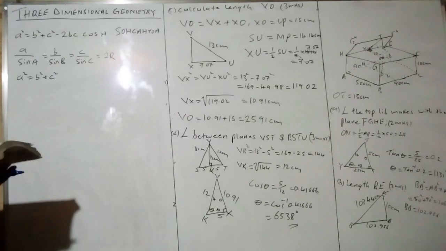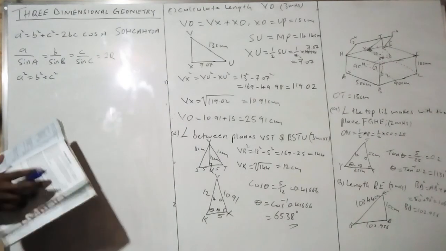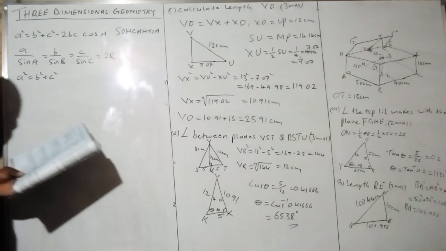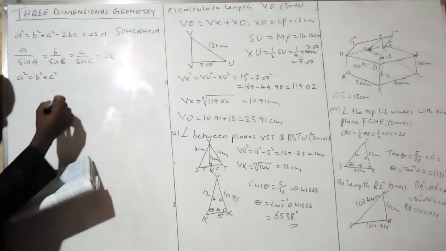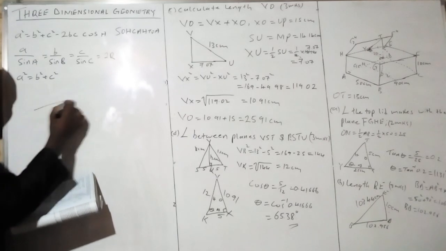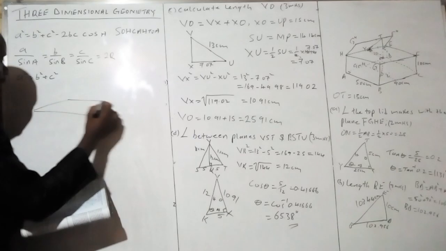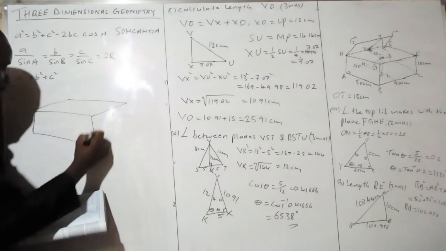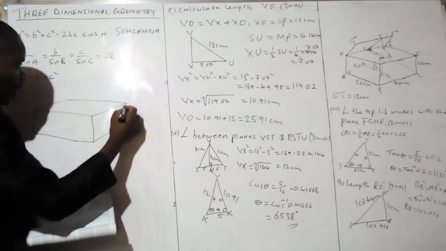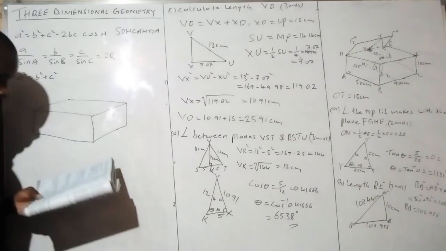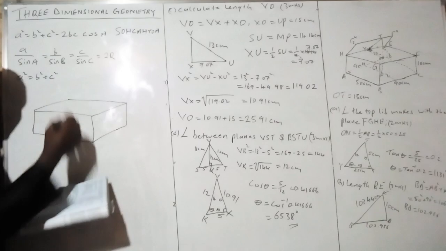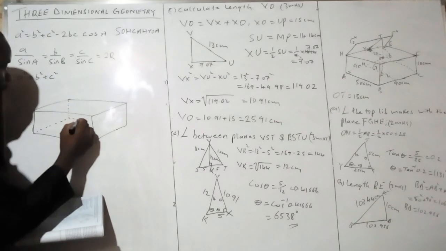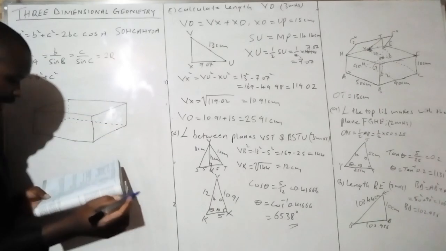You are given the figure below showing a cuboid. Let me draw it here. This is a cuboid. Then we drop a line there, then we have a line there.